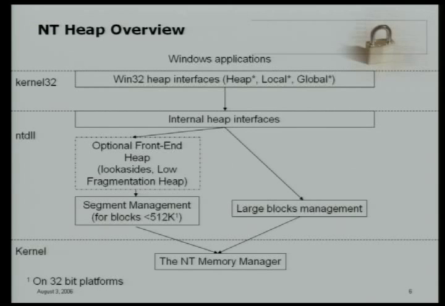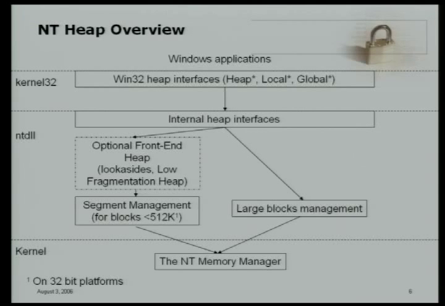So I'm going to dive into the NTDLL part, where the biggest part of the NT heap management is implemented. There are three things you might need to consider here. We have a management of a big chunk of memory we get from the system, and this is the segment management.